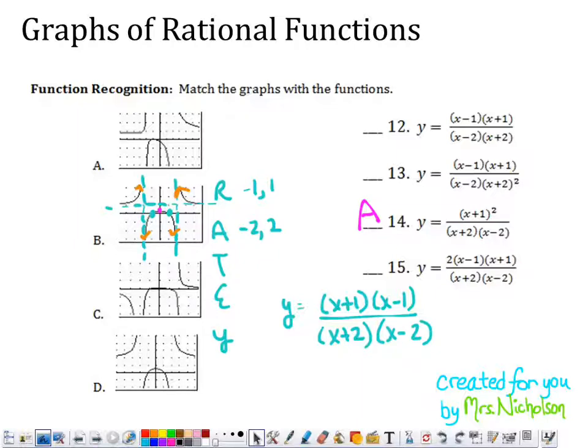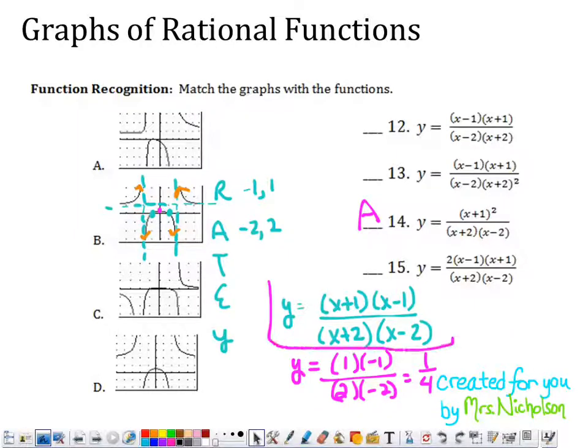If I were to substitute 0 for all my x's, then I would get 1 times -1 over 2 times -2, which would be positive 1/4, which certainly could be true about that y-intercept. And so this is our equation for graph B, and that seems to match number 12.